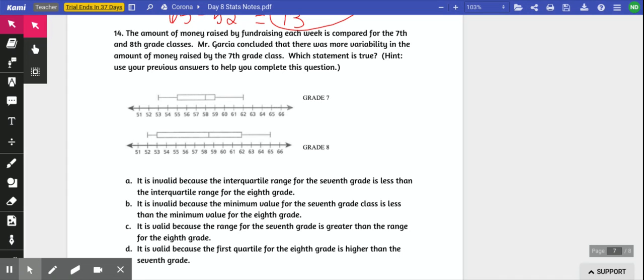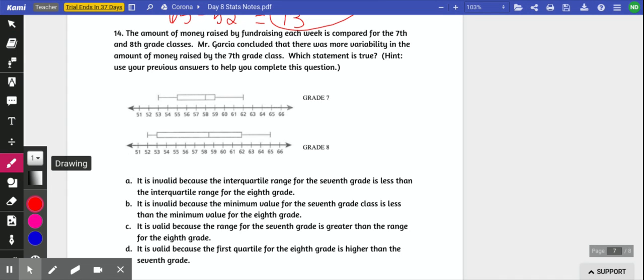That's where we found out the interquartile range. From those two questions, we determined that the interquartile range for grade 7 was equal to 4, and the interquartile range for grade 8 was equal to 9.